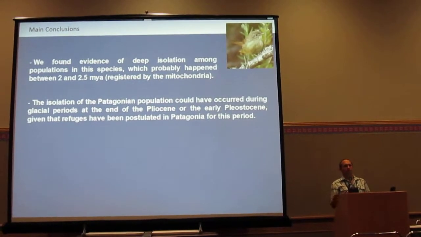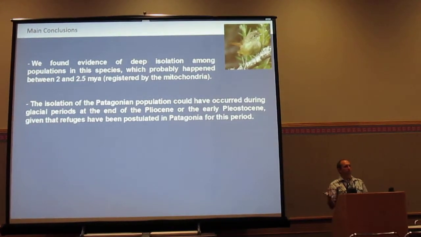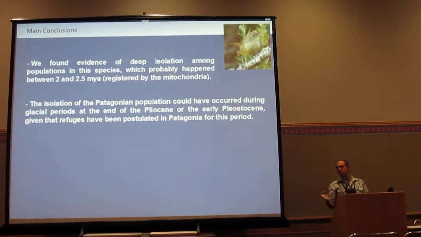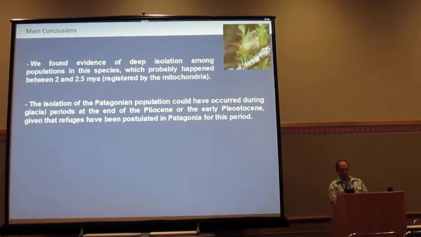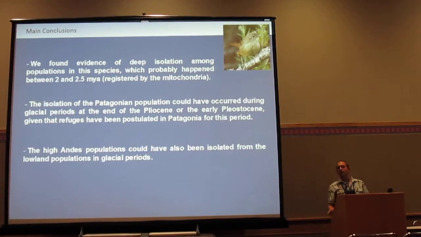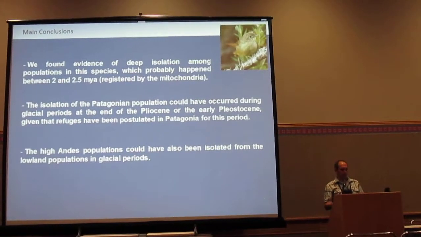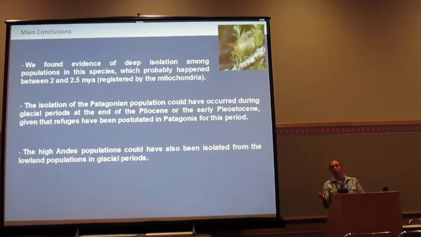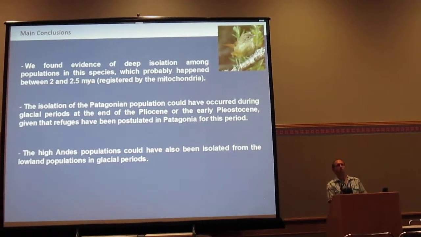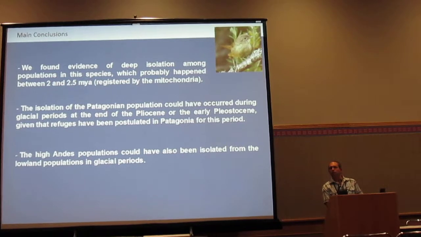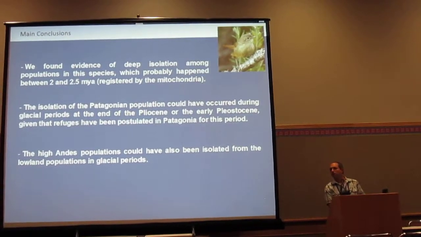There is evidence of glacial refugia in this area consistent with this time frame that we are discussing. And the same is true for the high Andes. We have fewer individuals collected in the Andes, but we still think that this could be related, and we need to go further into that, with isolation between lowland and highland populations stronger than it is now in glacial periods.